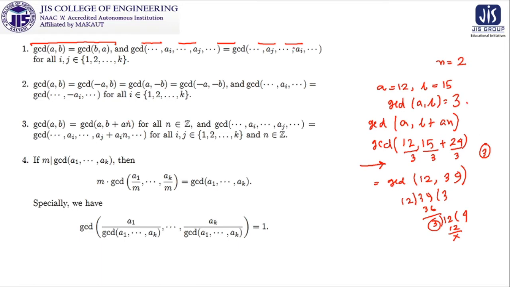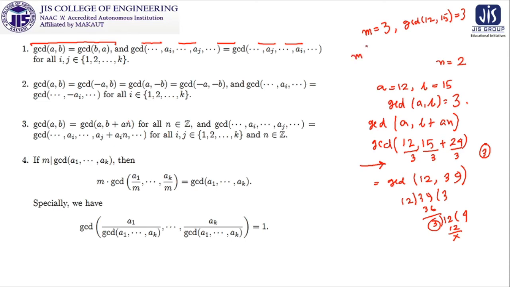So let us test it for the same example. We get M is 3 over here, and obviously we are seeing that the GCD of 12 and 15 is equal to 3, so M divides this one, this condition is satisfied.